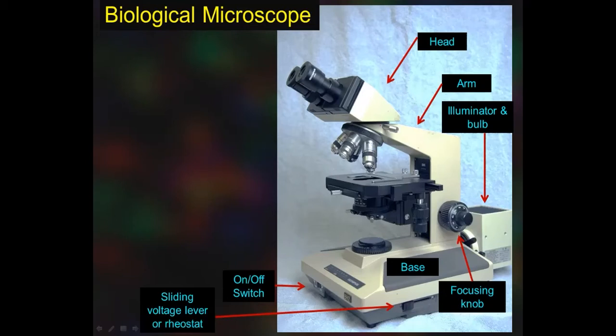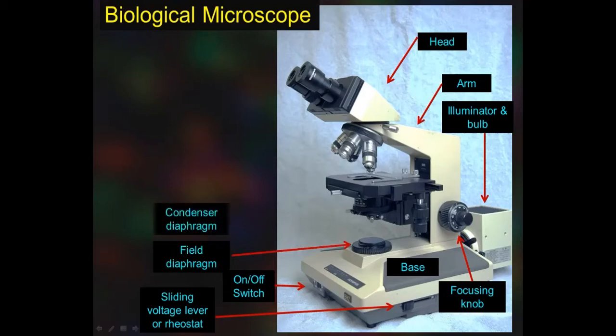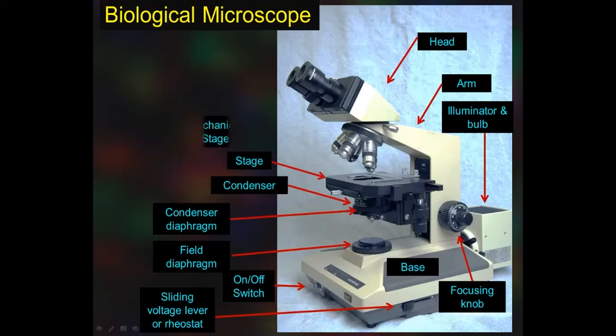Starting at the light source or illuminator where the bulb is located, the light passes through the base of the microscope and then through the field diaphragm, the condenser diaphragm, and the condenser, and passes through your sample microscope slide, which is resting on the stage. This has a mechanical stage where a slide can be inserted for movement and viewing. Fortunately, the mechanical stage can be easily removed for more efficient movement of your slide.